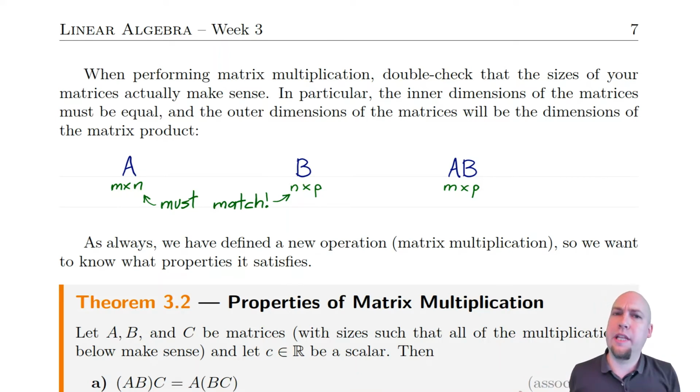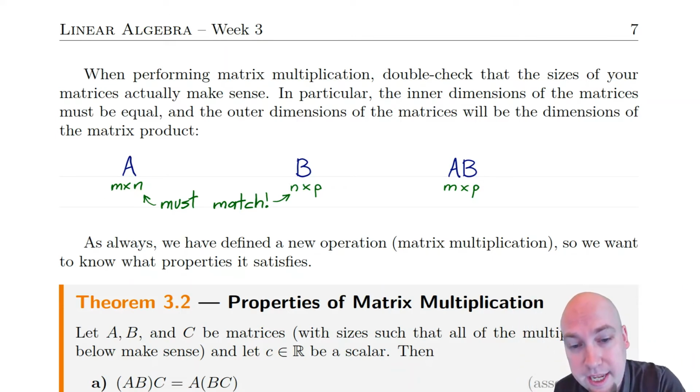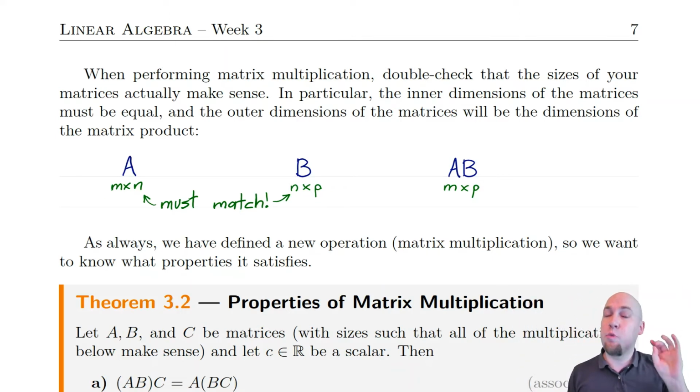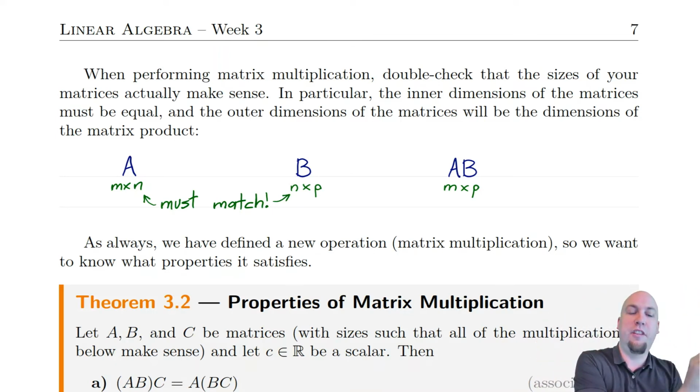Okay, and then what about the outer dimensions? Well, the outer dimensions don't have to match. They can be anything they want to be, so we just call them different letters, m and p. But then what happens with those outer dimensions is they become the dimensions of the product.